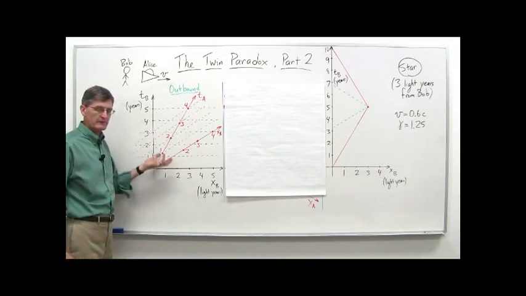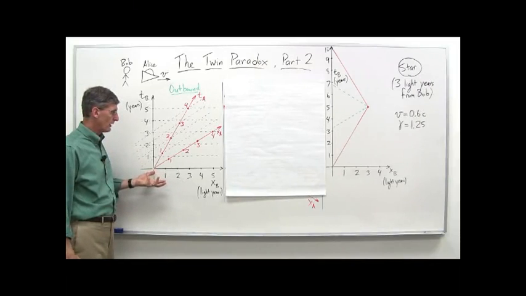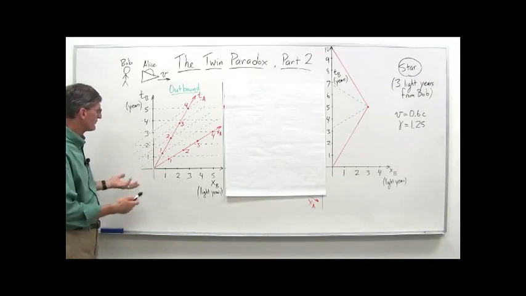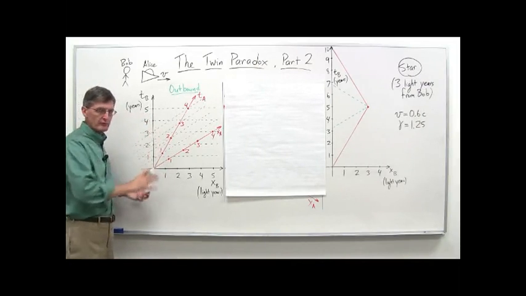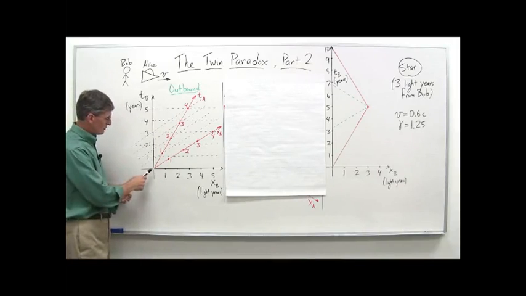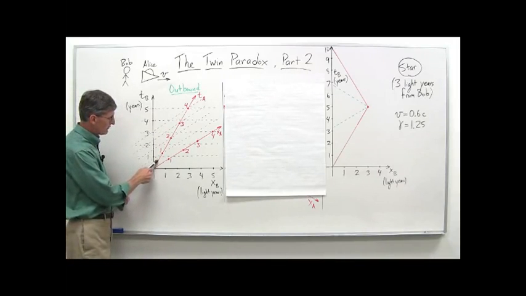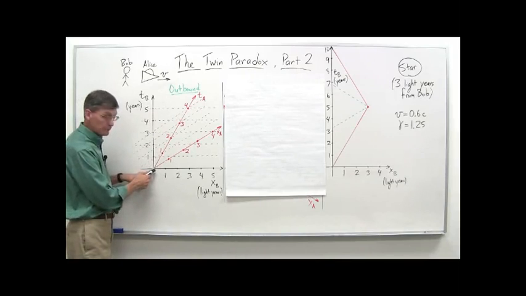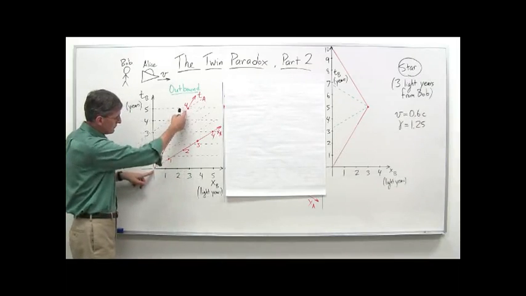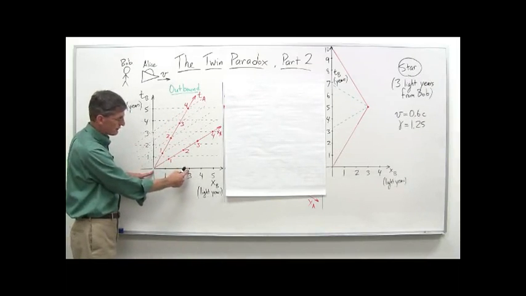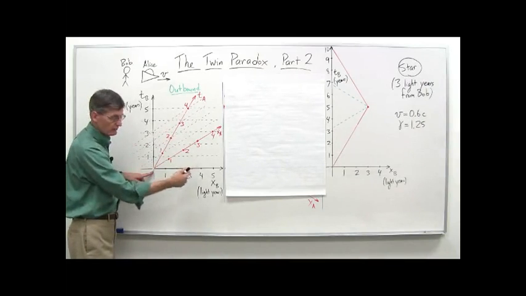So we can understand that from our space-time diagram here. So just to reiterate, the outbound trip is similar to things we've done before, but just to make sure we understand. So here comes Alice. She's traveling along. And in Bob's frame of reference, of course, she's traveling on the x-axis here. And she gets to 3 light years out. That's where the star is. And then at that point, she's going to start her return trip.